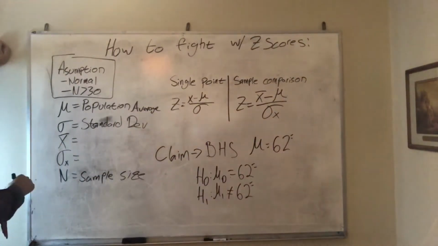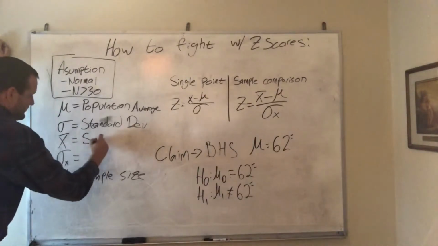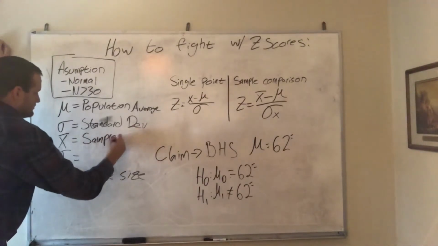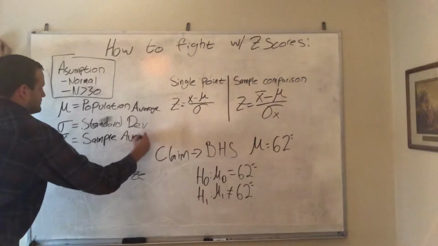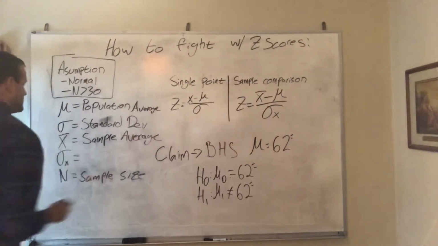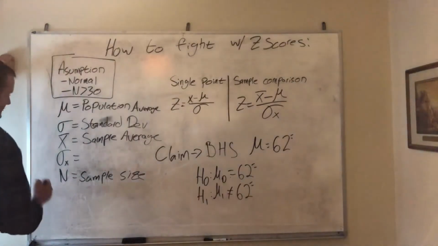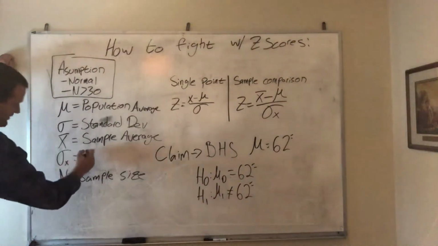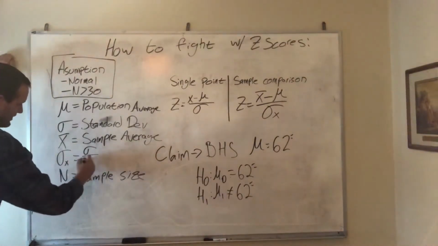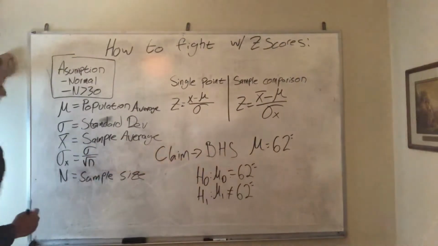X bar, your sample average. Then finally, your sample standard deviation is going to actually be a formula. It is the population standard deviation divided by the square root of n.